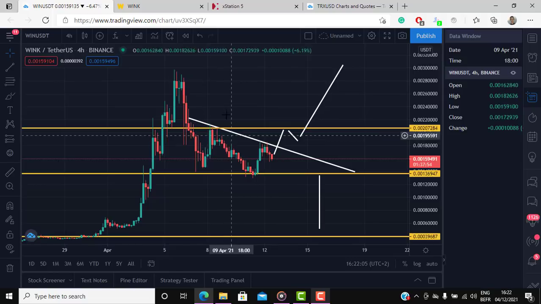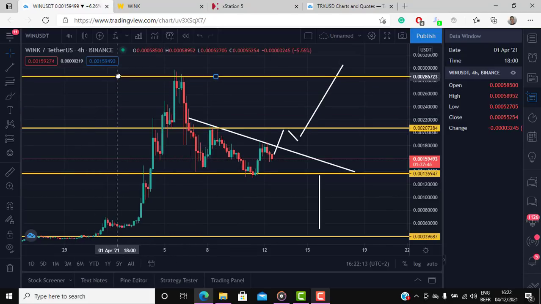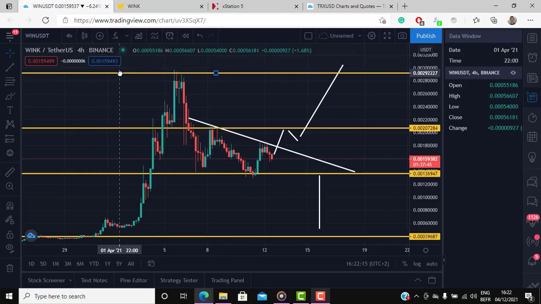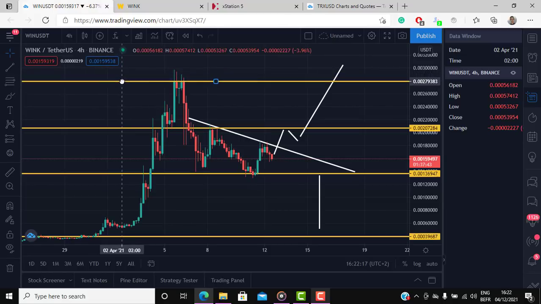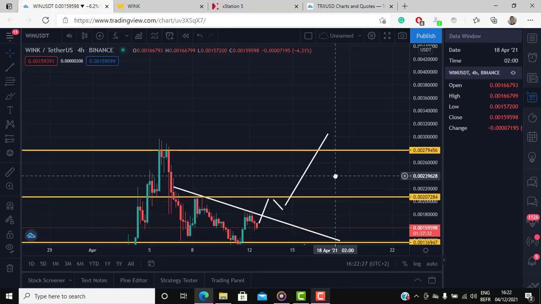If we do break this level, the next target would be the all-time highs of around 0.0283, but we never closed on an intraday basis or on a daily basis above the level of 0.028. So any close above the level of 0.028 could take us a lot higher when it comes to Wink.